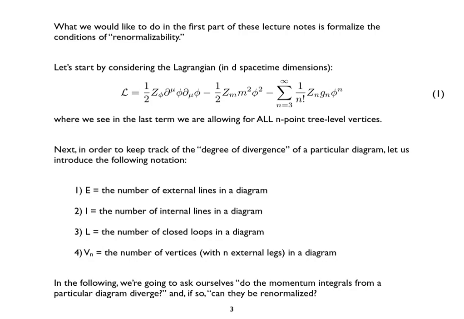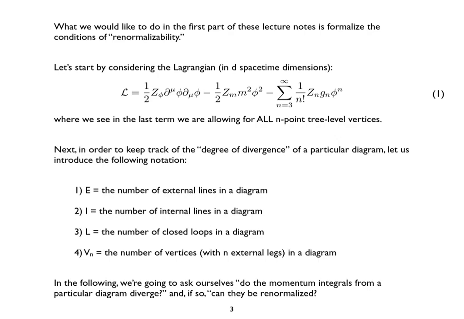So let's start by considering just the most general Lagrangian that we can build out of real scalar fields. This is the guy that we saw, I don't know if it was last time or the time before, but it's just the normal kinetic terms, the normal propagator terms for the scalar field, its mass term, and then we're summing over all vertices.